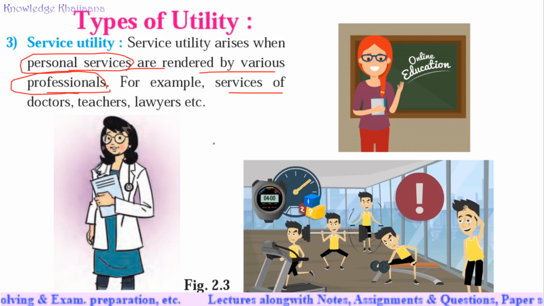So when we get the utility from the professionals who provide personal services, then utility is created by gaining the service. It is called service utility. Services are sold by whom? By the professionals.